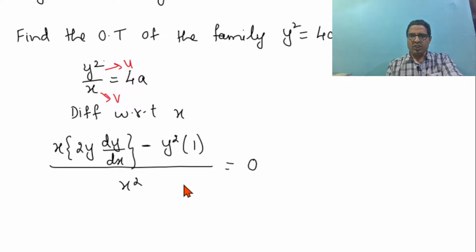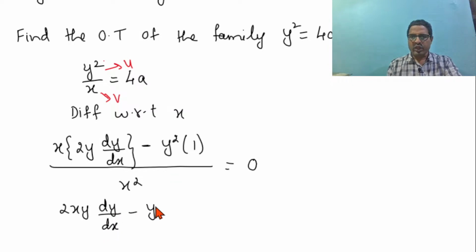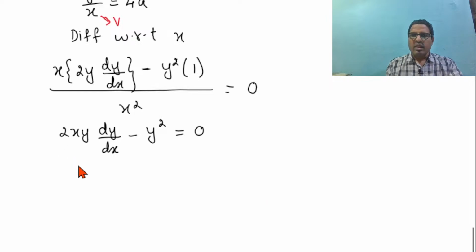Or you can just cross multiply this x square to the other side. The numerator stays as 2xy into dy by dx minus y square is equal to 0 into x square, which is 0. So you can rewrite this as 2xy dy by dx equal to y square.